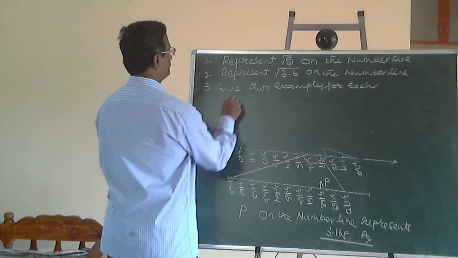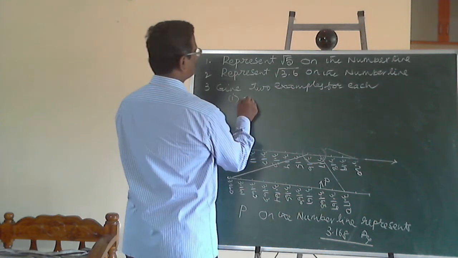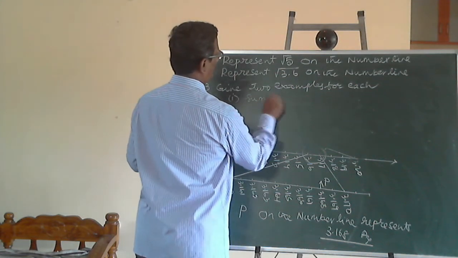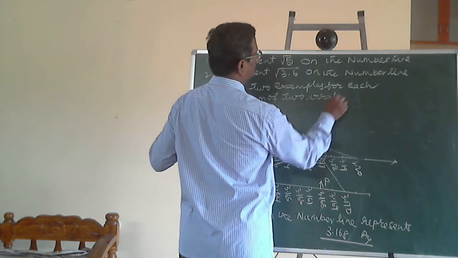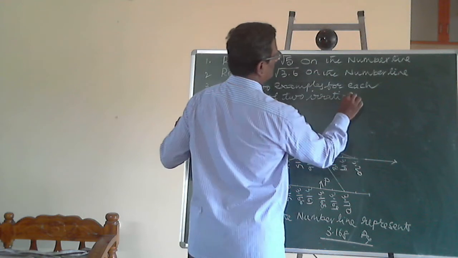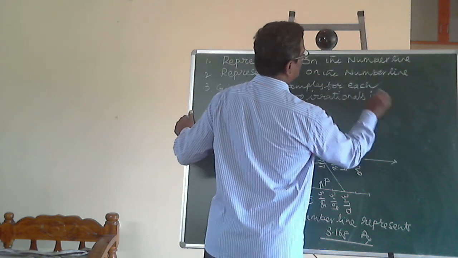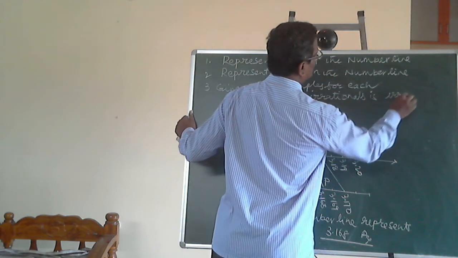One, sum of 2 irrationals is irrational.